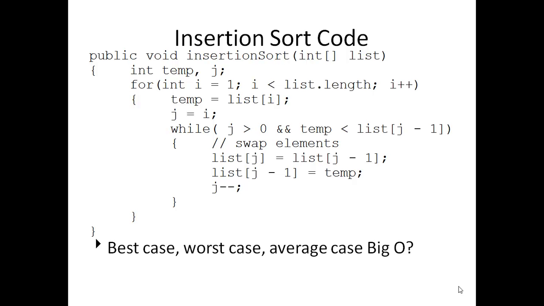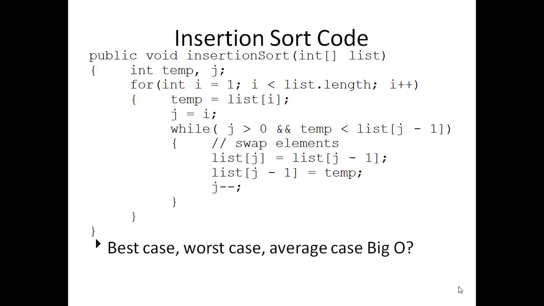I will insert 22, this element. But before I insert this element, a of 0 and a of 1 must be sorted, then only I can insert a of 2. So first I will compare this element with this element. Before I insert a of 2, a of 0 and a of 1 are already sorted, remember.